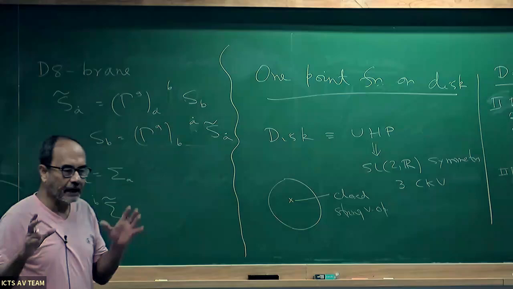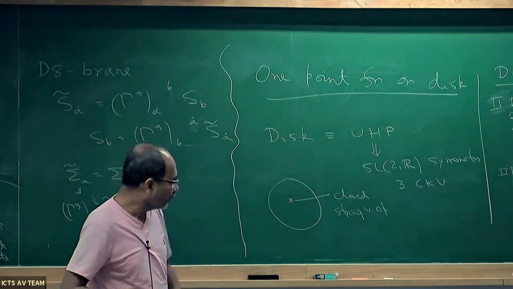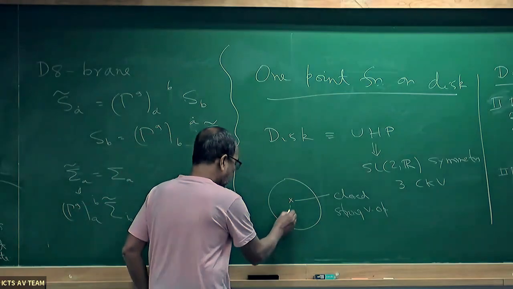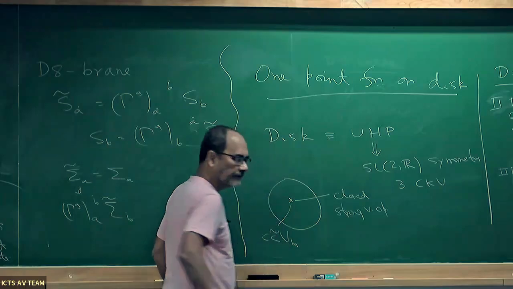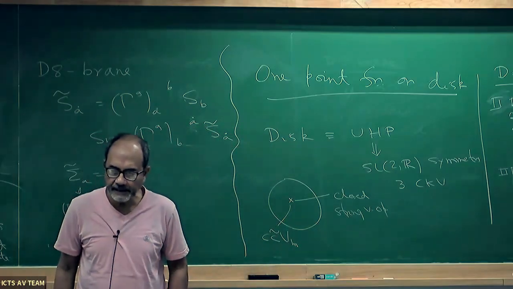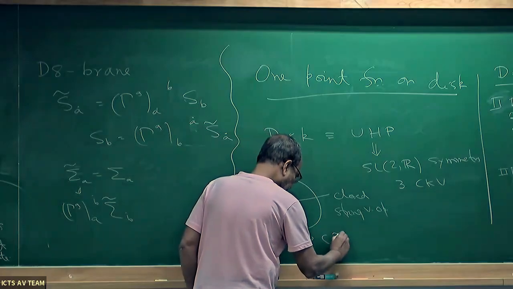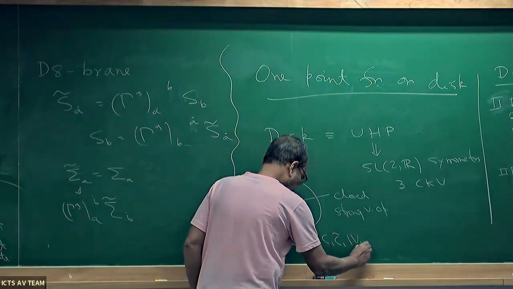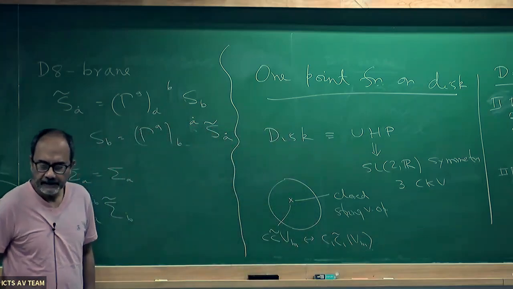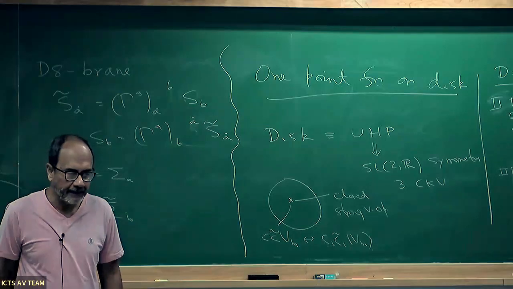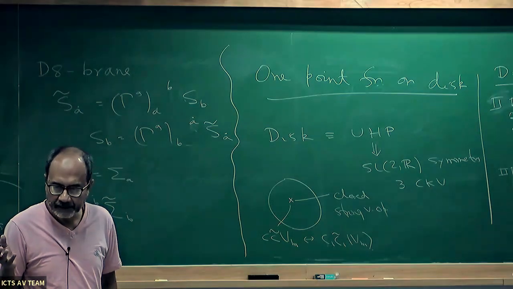So it does make sense to talk about the 1-point function of closed string vertex operators on the disk. The question is, how do you calculate this? Because naively, the closed string vertex operator here will have an insertion of c c-tilde, which corresponds to the state c_1 c-tilde_1 with the matter primary V_m. But on the disk or upper half plane, we have to have 3 ghost insertions to get a non-zero answer.